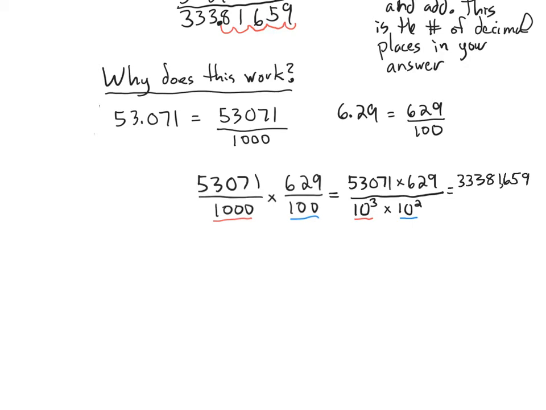I'll put in some commas so it's a little bit easier to read. And we know how to multiply numbers with the same base with different exponents. So this is going to be 10 to the 3 plus 2, which is 10 to the 5. And you can see what's going on here. Let me scroll back up.